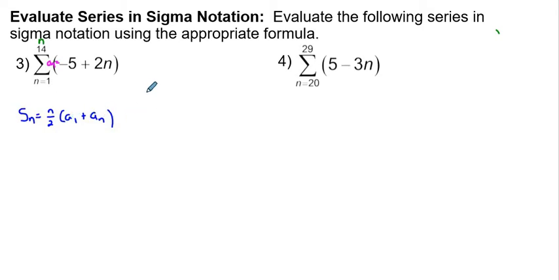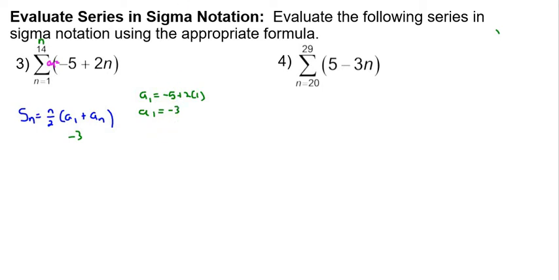To find a1, all you do is plug 1 into the given rule, -5 plus 2 times 1. And so a of 1 is just -3. I would come over here and say, well, that's -3. And to find a_n, I would find a of 14.